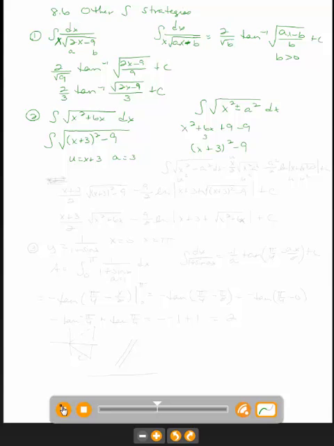Okay, so if you look at that formula, let me get it written properly. It's in our table of integrals as number 68.